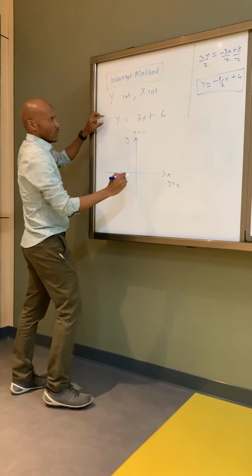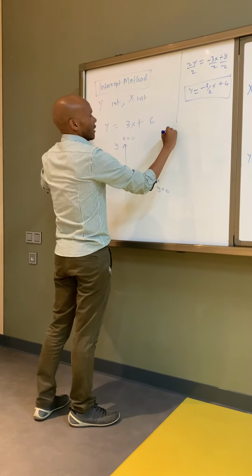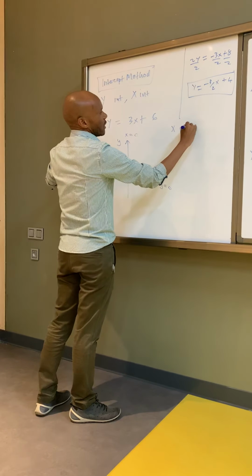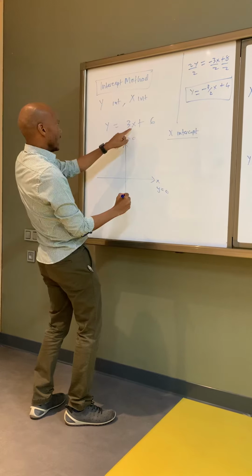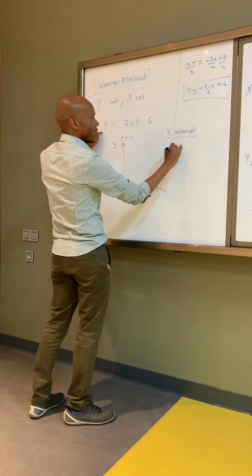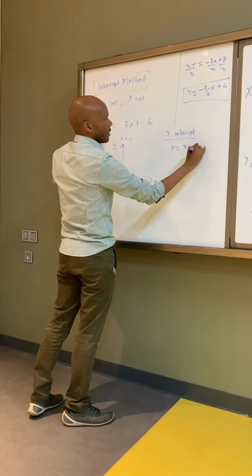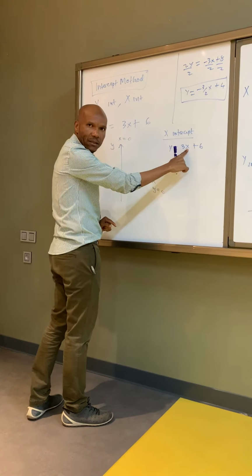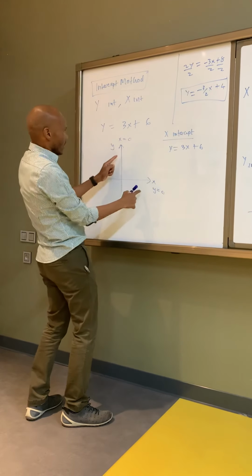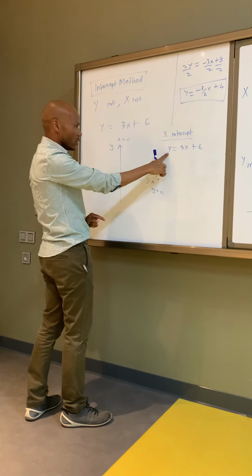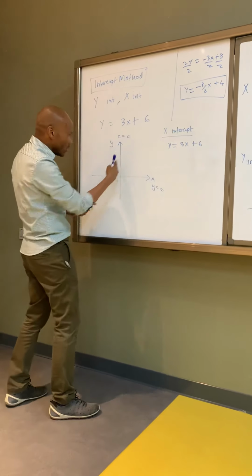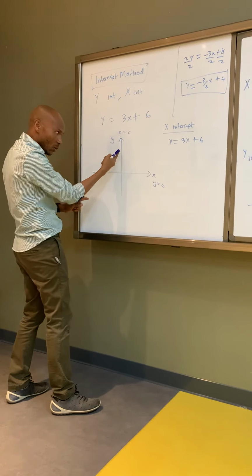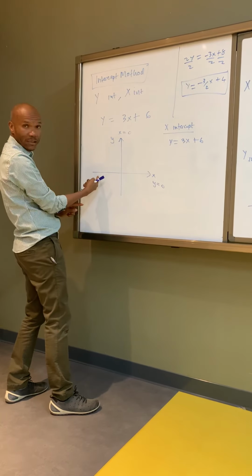Now, let's calculate the x-intercept. I need the x-intercept, so let me just write my equation there. If I need the x-intercept, my y has to be 0, because my line will cross through the y-axis and the x-axis, right?